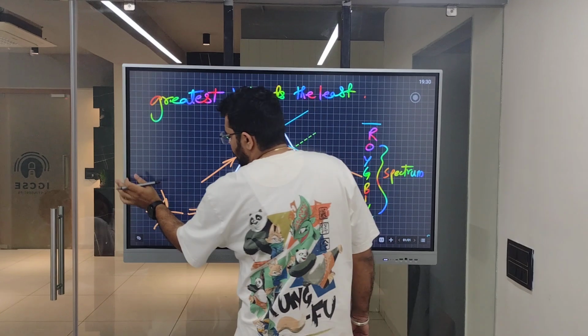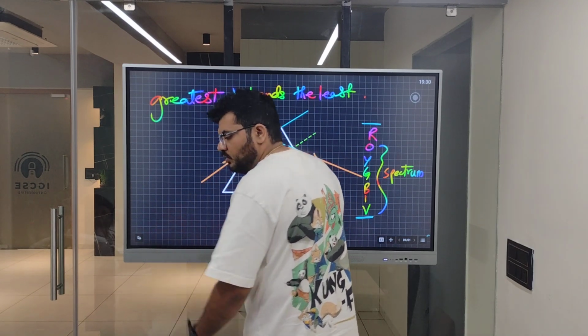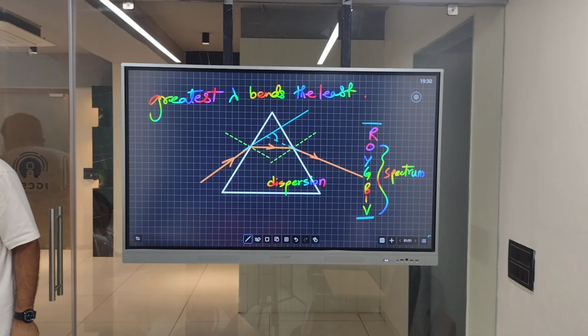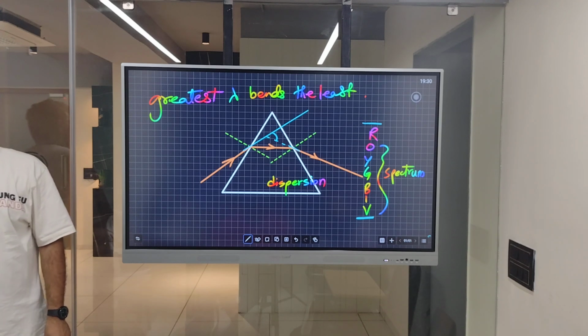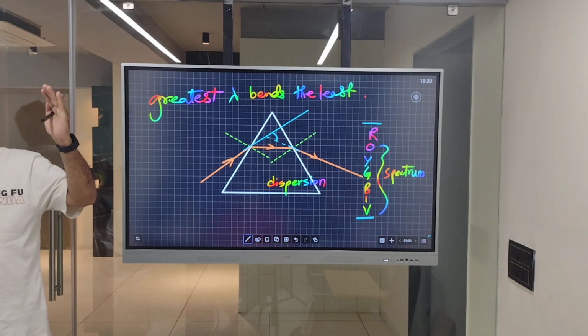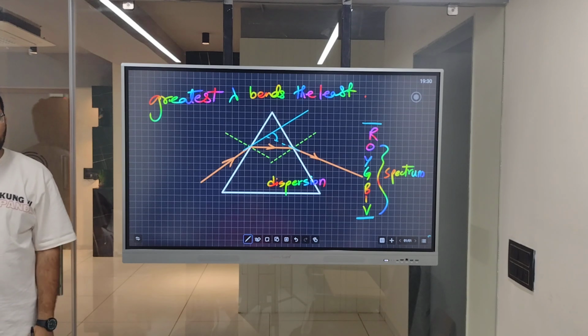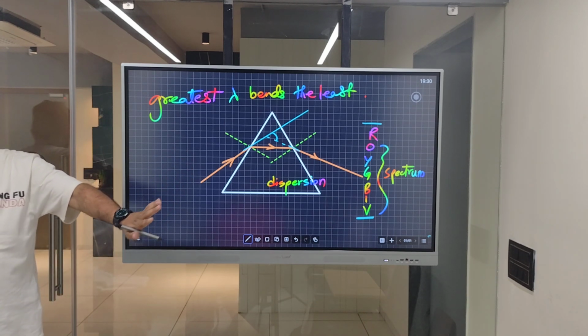Greatest wavelength bends the least. And what did we see in the textbook? The one that bends the least should be red. So red has the longest wavelength, it bends the least. Violet has the shortest wavelength, so it bends the most. So violet deviates the most. Write all of this down.